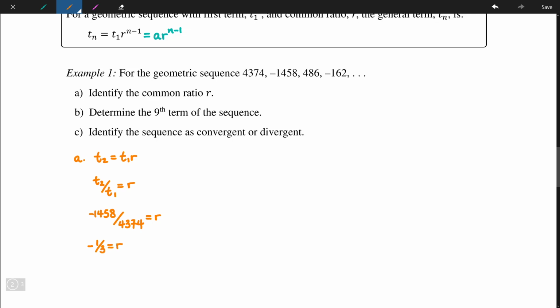Okay. And then it says to determine the ninth term of the sequence. So the ninth term will be the first term and then r to the 9 minus 1 power, right? We take the first term and then we multiply the common ratio 8 times to get the ninth term.